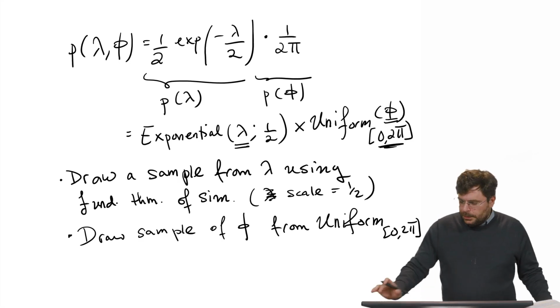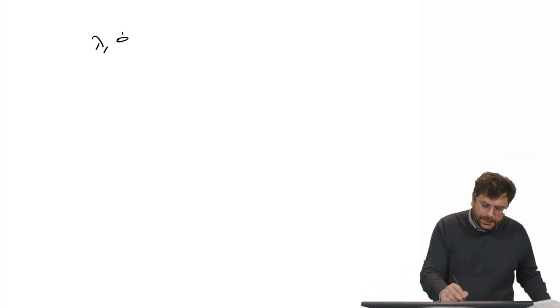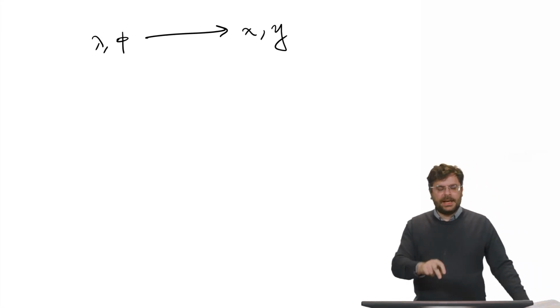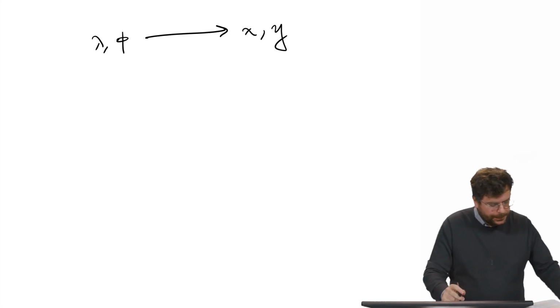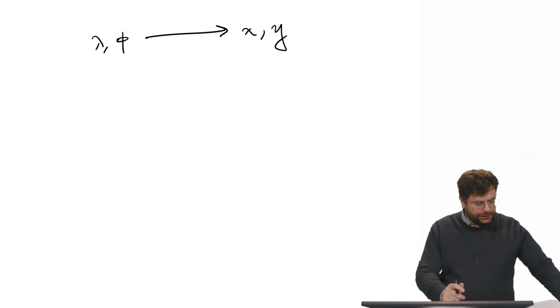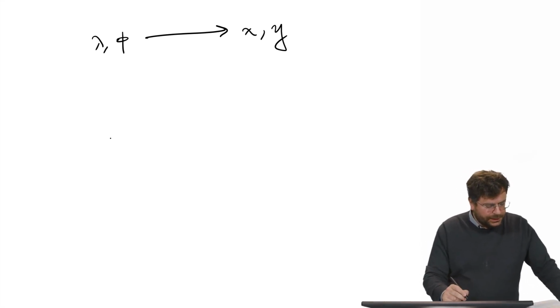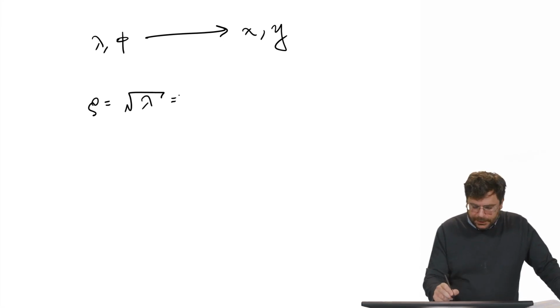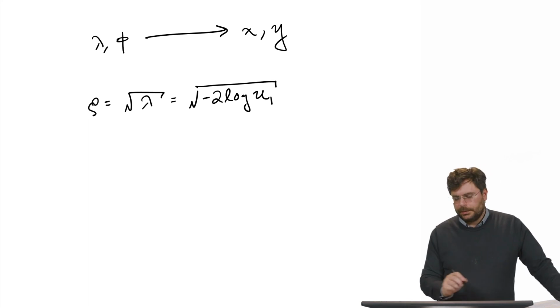Okay, so now I've drawn a sample of lambda and a sample of phi, but I care about samples of x and samples of y. So what I now have to do is recognize that rho is equal to square root lambda, and lambda is negative 2 log u1.